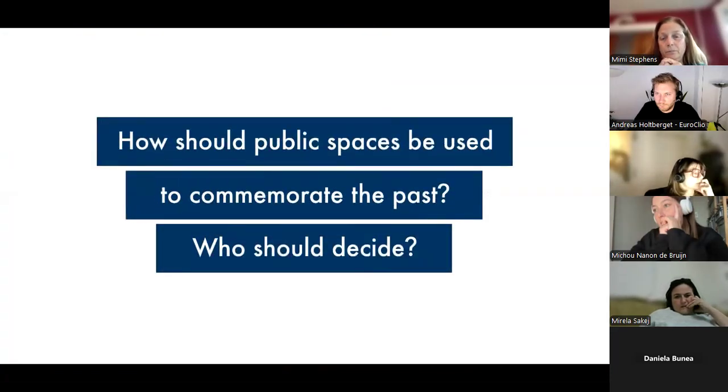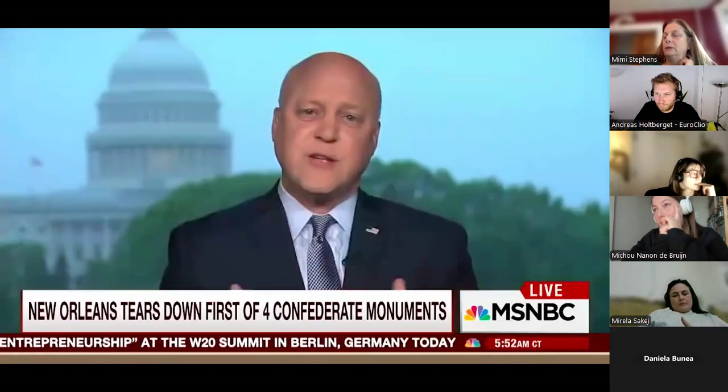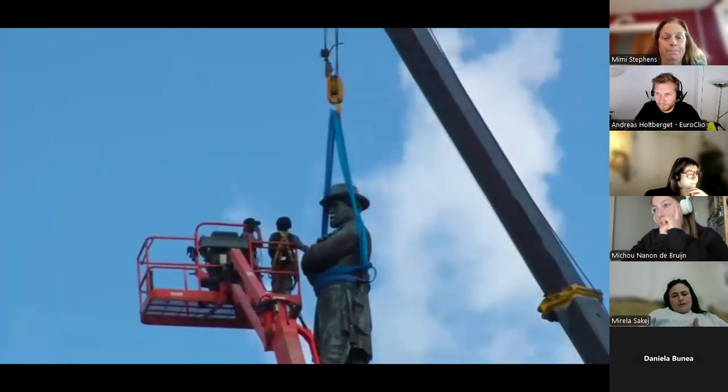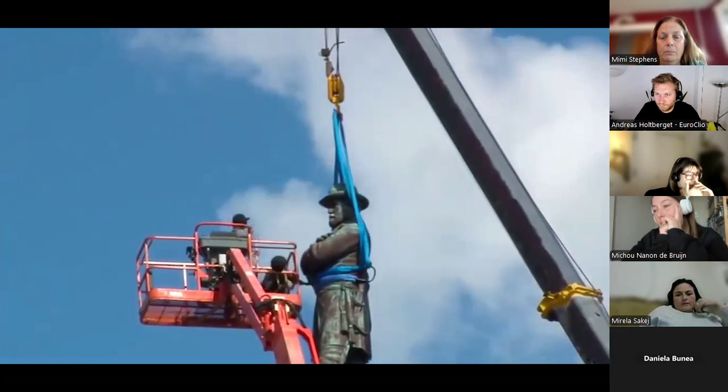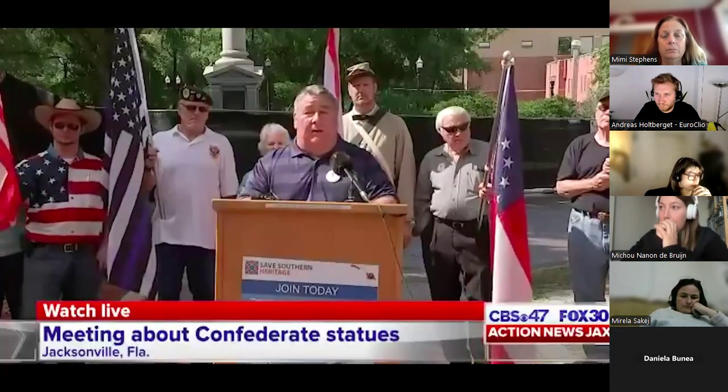They're emblems of white supremacy, but that's precisely why I think they have to remain, so that we can grapple with this history instead of airbrushing it out. The question that the people of New Orleans began to ask was, do these statues actually reflect who we ever have been as a people? And the answer is no. We oppose this effort to inventory and remove all Confederate war memorials from public property in Jacksonville.